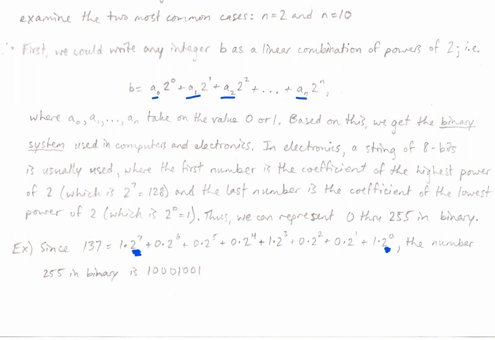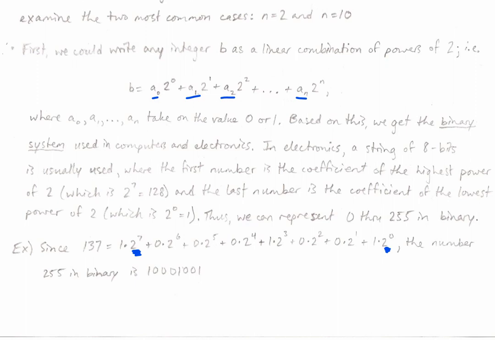So we go through our powers: 2 to the 7th, which is 128, 2 to the 6th, which is 64, 2 to the 5th, 32, so on and so forth, going down to 2 to the 0 or 1.